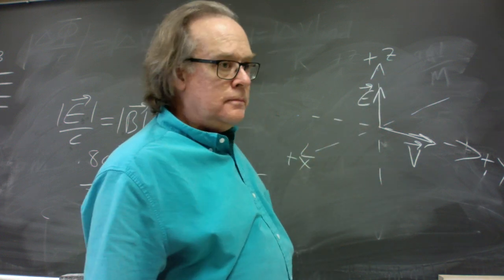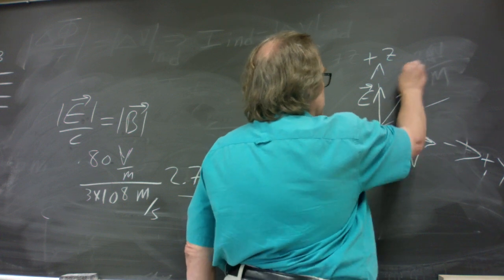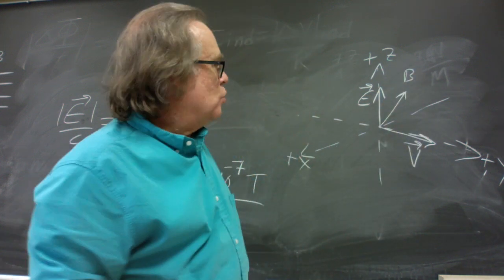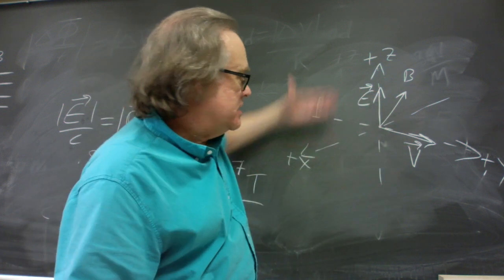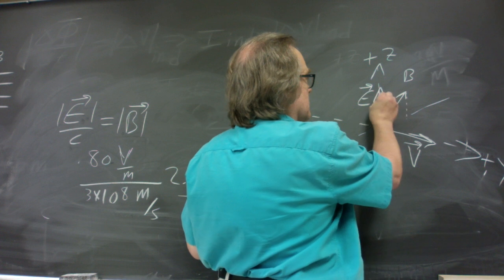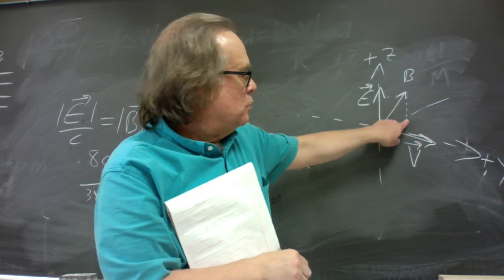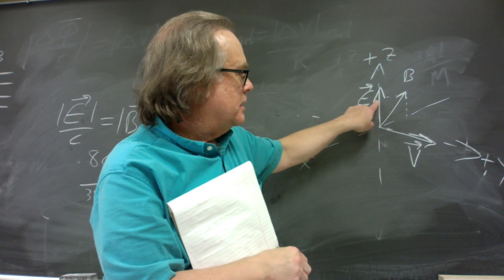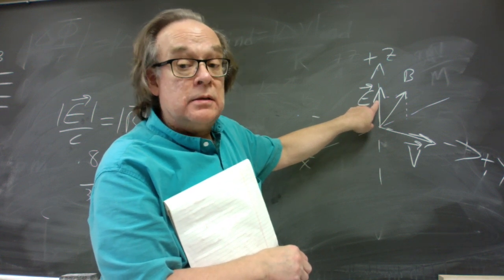Let's say if you thought of something like that, a magnetic field right in the xz plane, but it's got, say, an x component like that and a z component like that. That's wrong. That's not going to work.